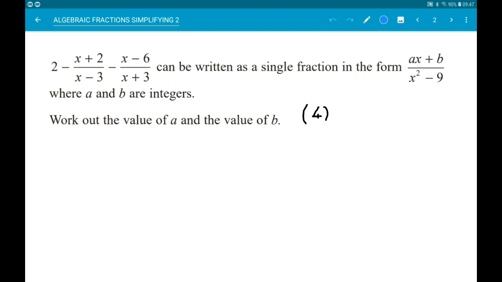Okay, so classic situation in maths, we're not going to deal with the whole question at once. We're going to deal with the 2 and the first fraction. So 2 minus, and I'm going to put the top in brackets because that minus affects both terms.